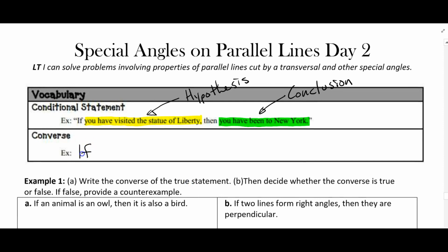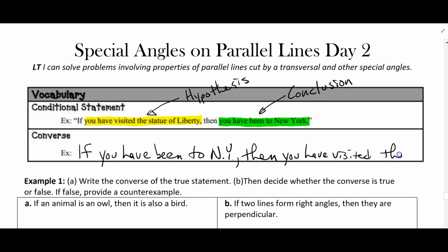If, now I'm going to take the conclusion from the previous statement and make it the hypothesis: if you have been to New York, then, we'll take our original hypothesis and that becomes our new conclusion: you have visited the Statue of Liberty.